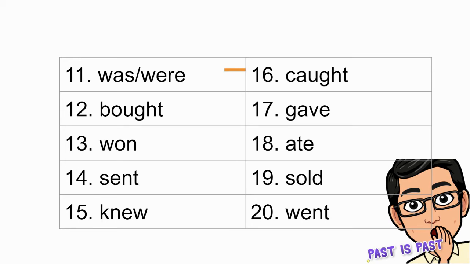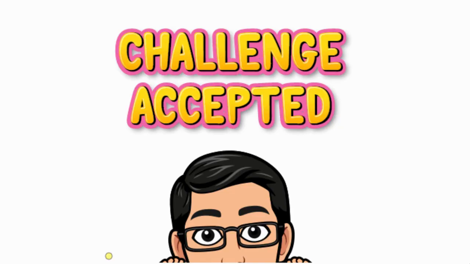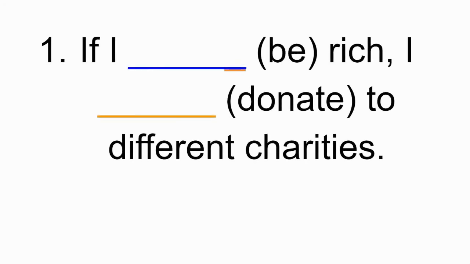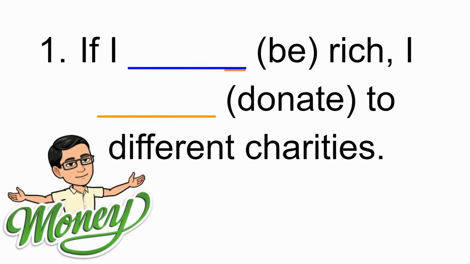I believe that you are ready for the second part of our challenge accepted. Your task is to complete the second conditional sentences with the correct form of the verbs in the parentheses. Number 1. If I blank be rich, I blank donate to different charities.